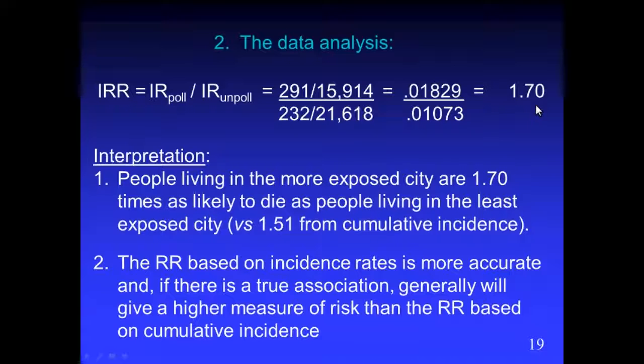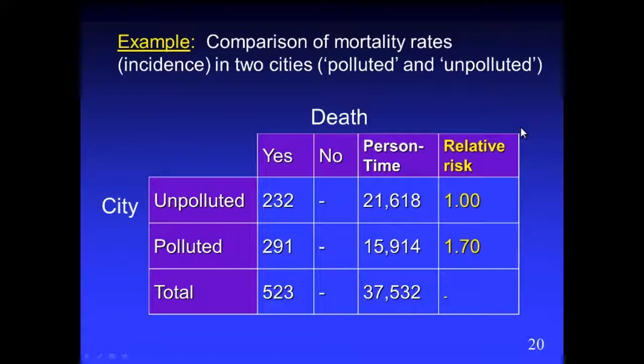So we would often just use the cumulative incidence ratio. Now this is how we set out the data, very much the same as when we looked at cumulative incidence ratio. Again, the reference category is 1, and then we show the relative risk here in the table.